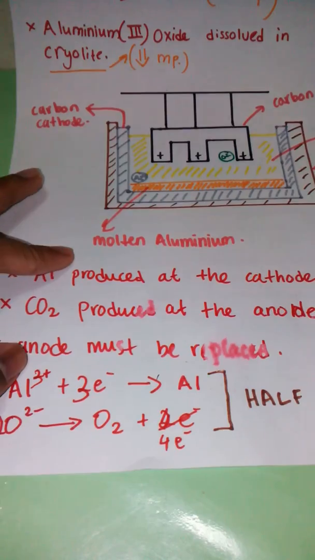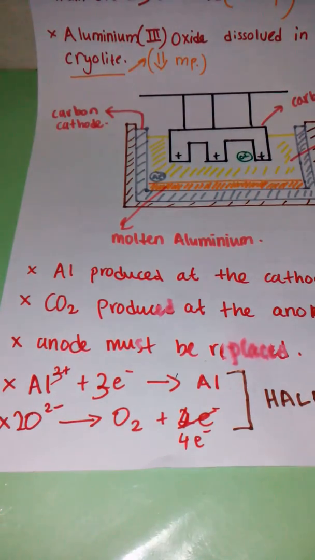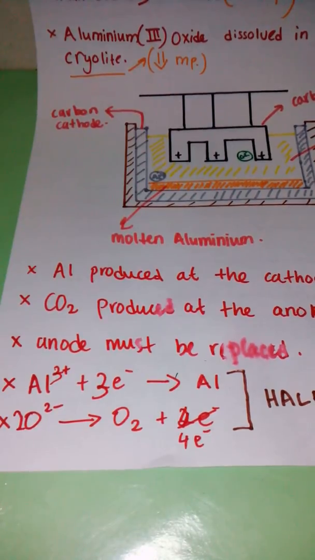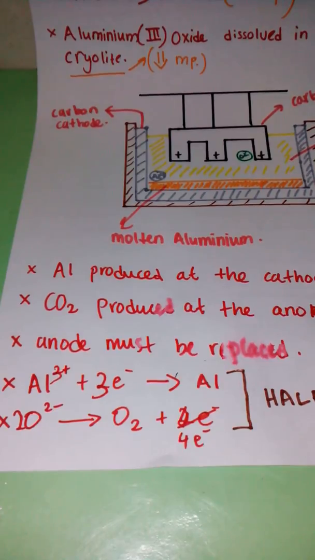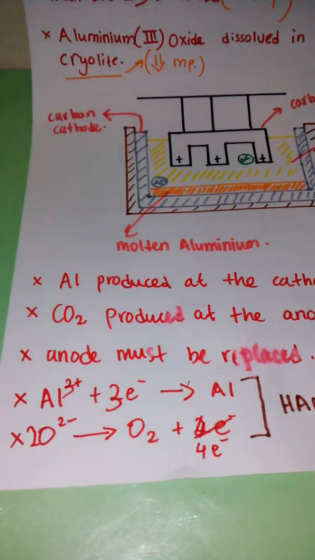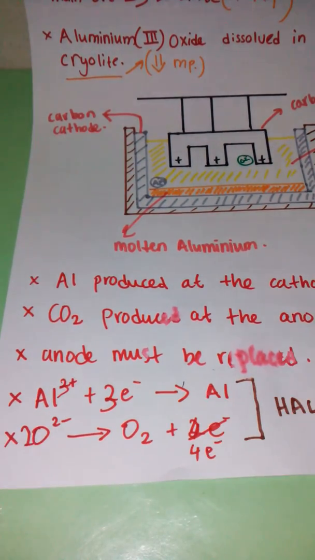Remember guys, another thing is students always forget to balance the equation. This is such a silly mistake. It's going to cost you 1 mark. It might not be much, but let's say you have 5 questions that have to do with balancing chemical equations or half equations, and you don't balance them, you're going to lose 5 marks.